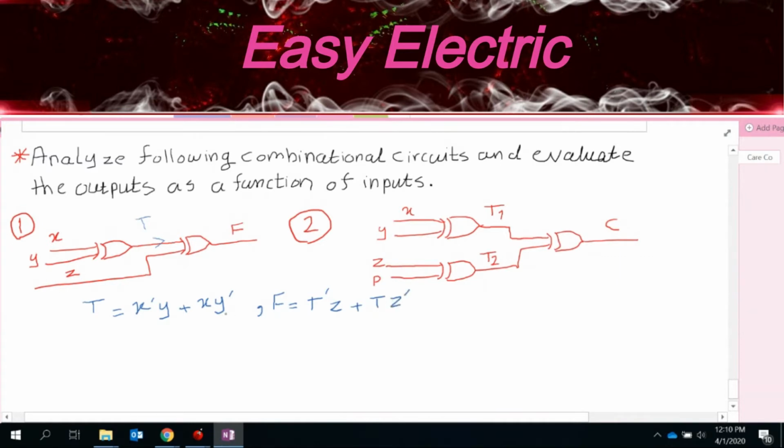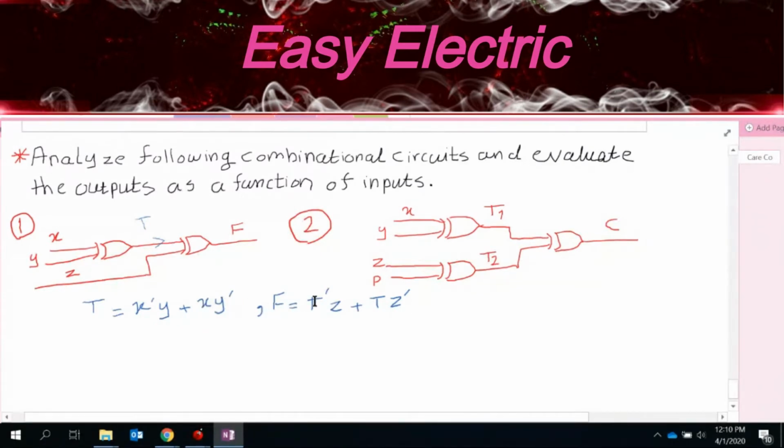Okay. But this function F still is not a Boolean function of the inputs, because it should be a function of the input variables, which are X, Y, Z. If you check your inputs, the inputs are X, Y, Z, not T. So somehow you need to replace T with whatever you already have, which is a function of X and Y. That should be the real Boolean function for F based on the inputs that we have.